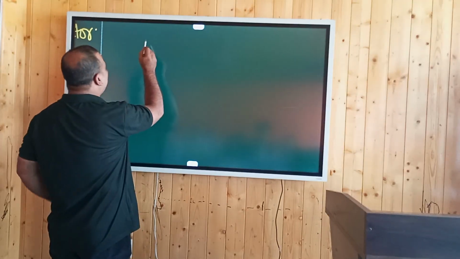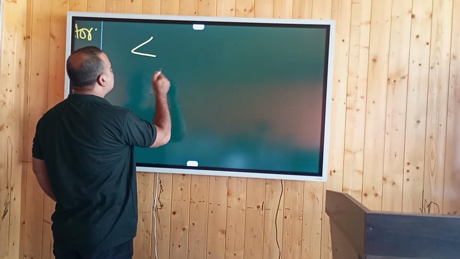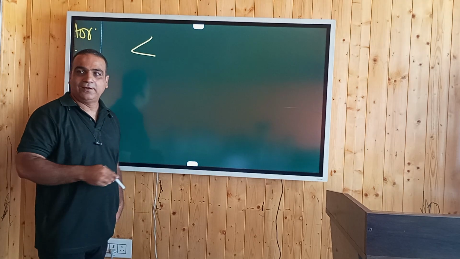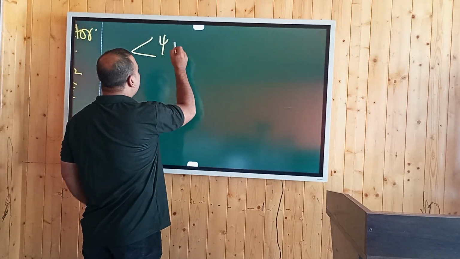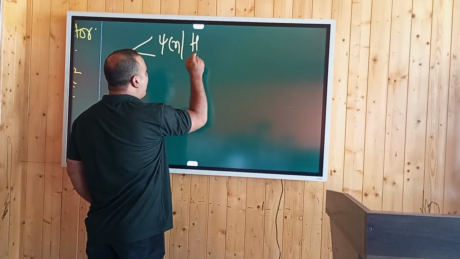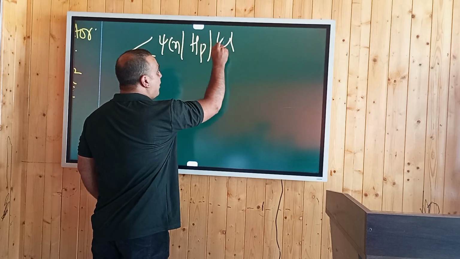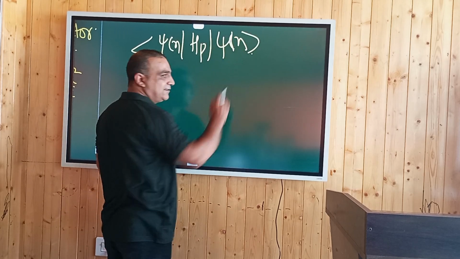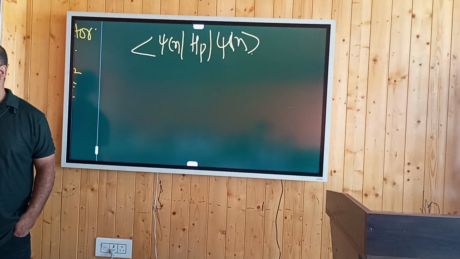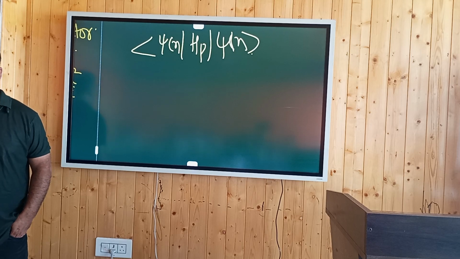For that, you have the same thing. The bra of psi of x, then you have the perturbation, then you have psi of x. This is it. This will give me the correction.